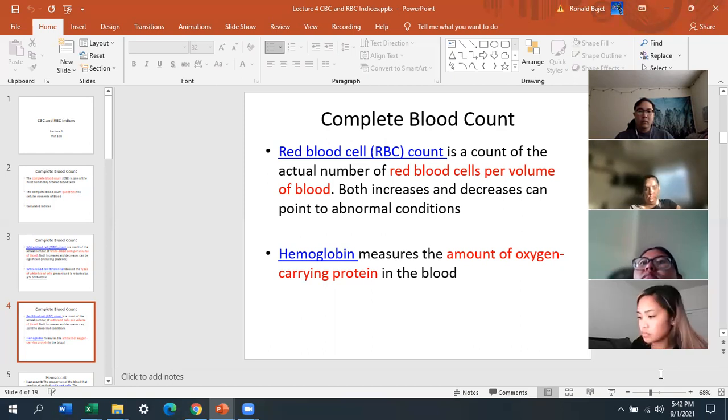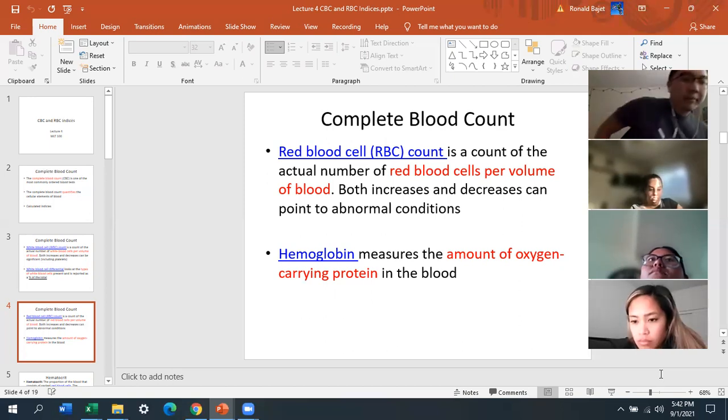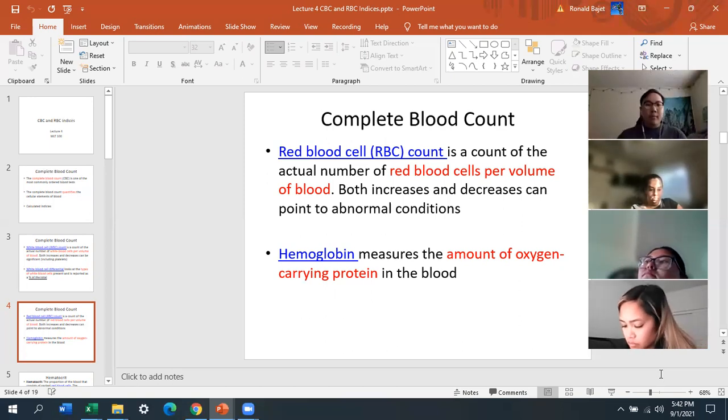Okay, so low WBC count is viral infection. Elevated WBC count, but not too elevated, like 15, 20 up to 30,000, is bacterial infection. And then 50,000 or more up to 100,000 or more is probably leukemia. So depending on what you see on the CBC printout, take a look at your white count and you can see what's going on.